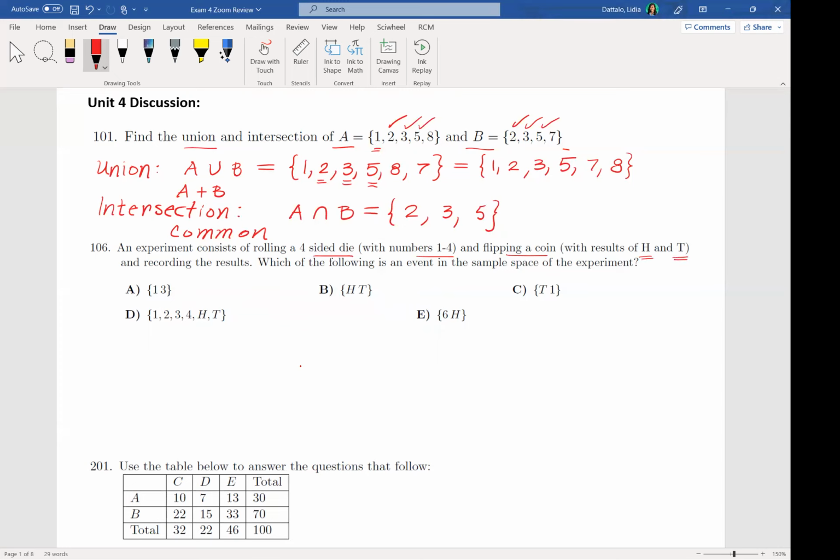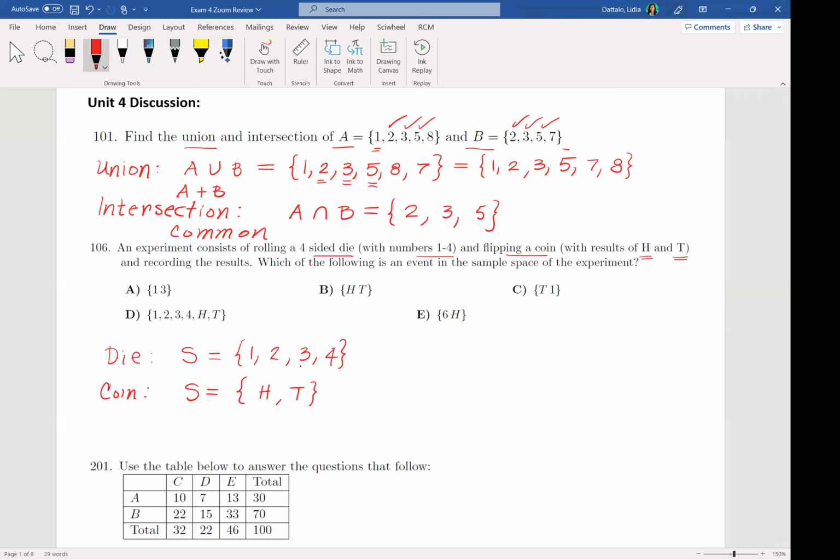Now let's look at the space of the die. The space, because it's numbers, when you roll it, you're either going to get a 1, a 2, a 3, or a 4. The coin, the space for the coin is really just going to be heads or tails.